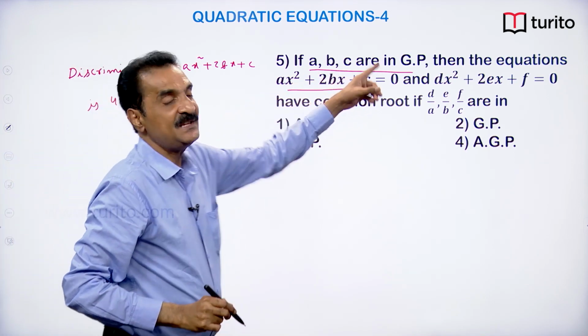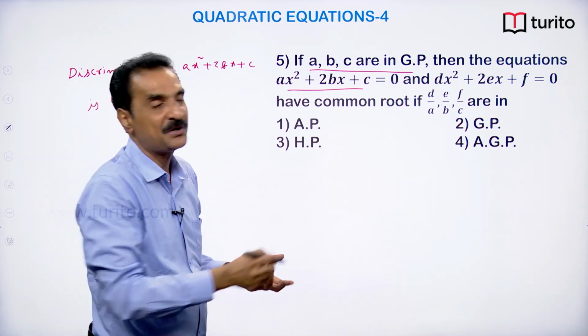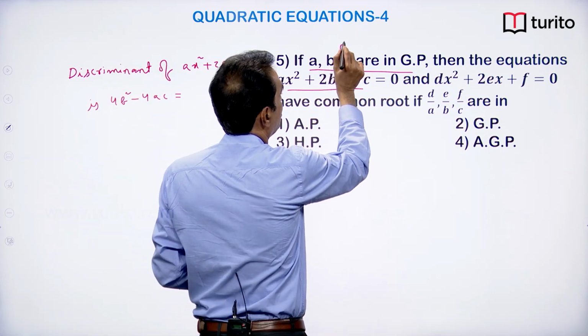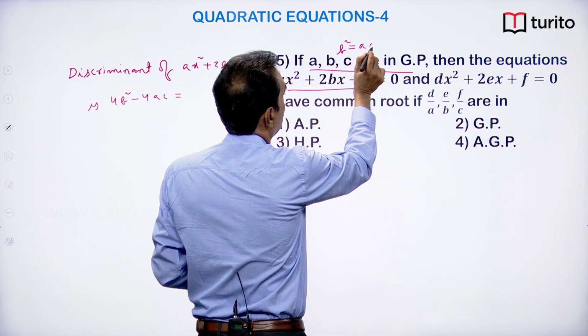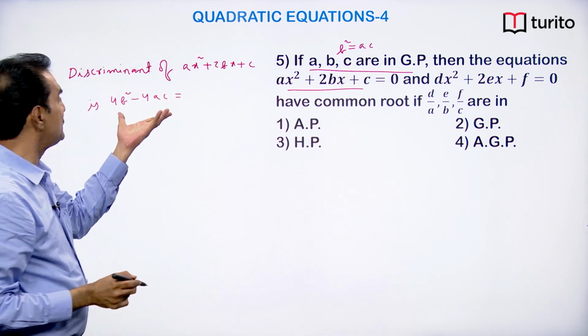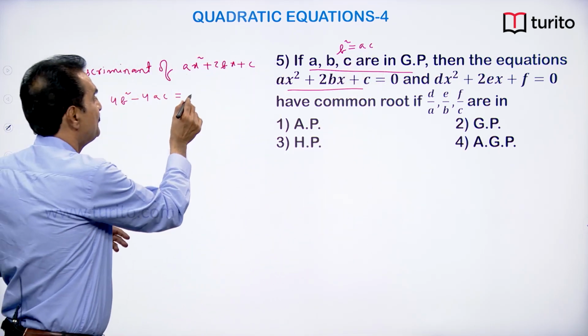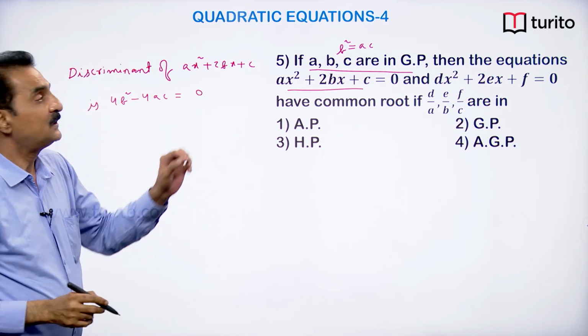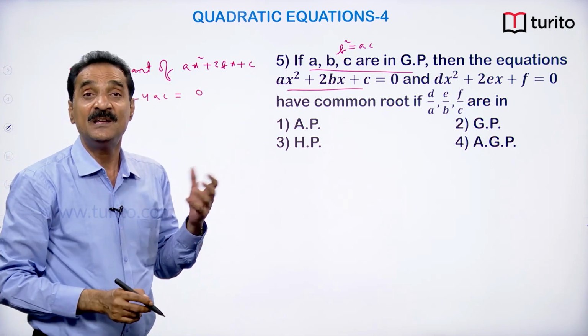If a, b, c are in GP, what is the condition? b square is equal to ac. So this is 0. Therefore, the roots of the first equation are equal.